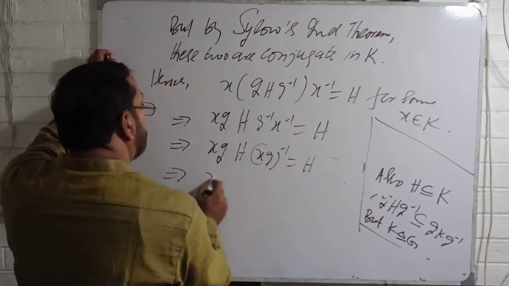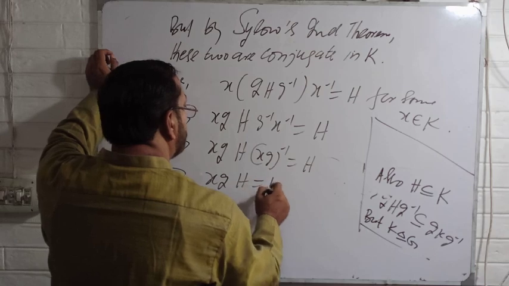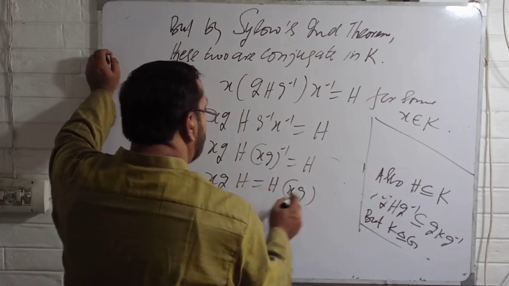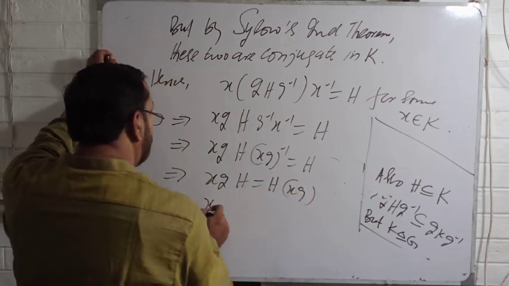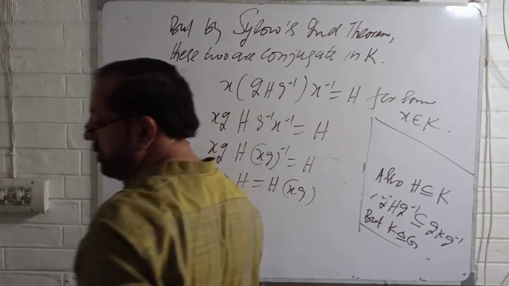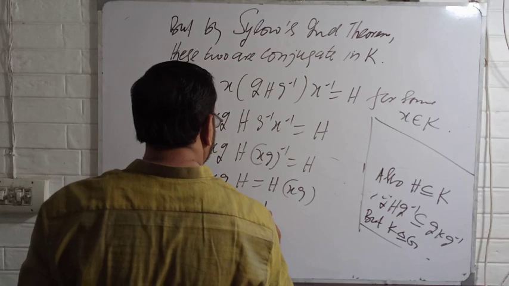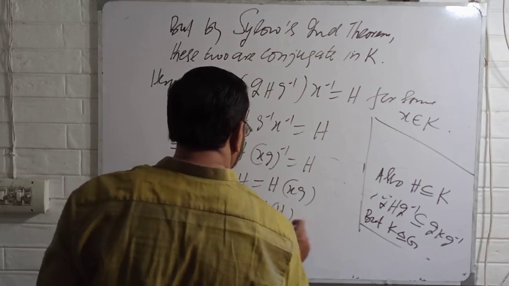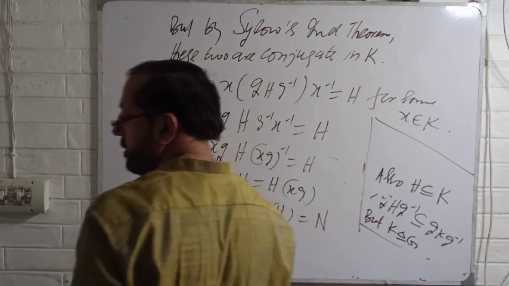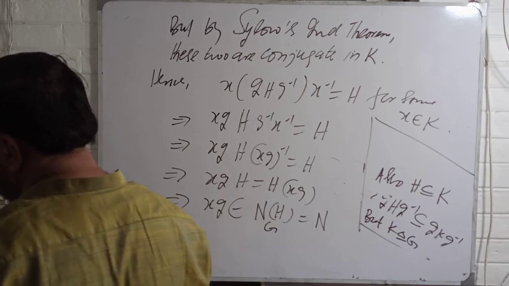This implies xgH is equal to H xg. So this implies xg belongs to the normalizer of H in G, which was capital N, right?